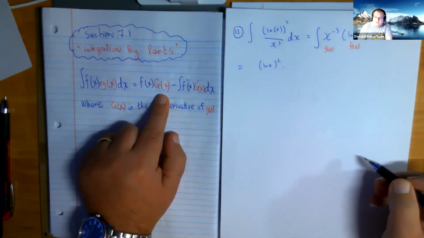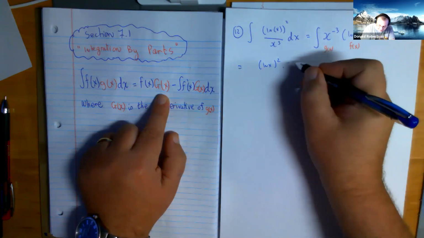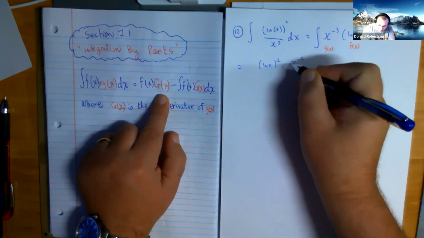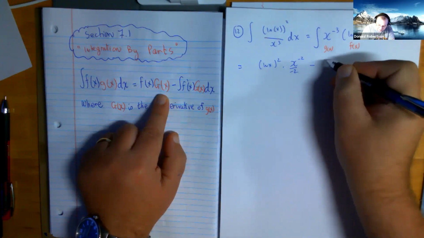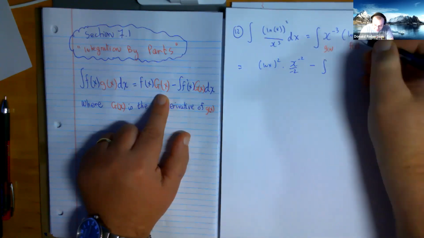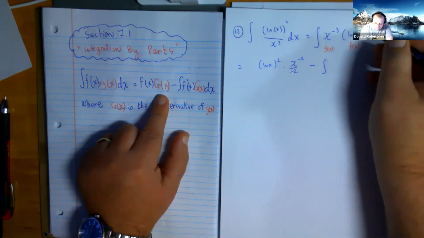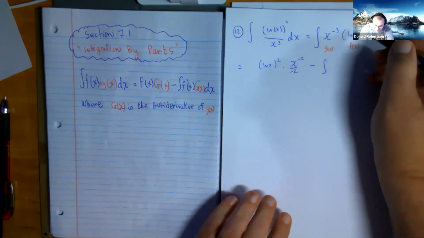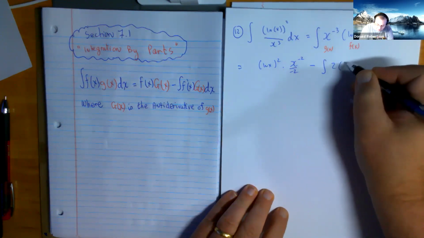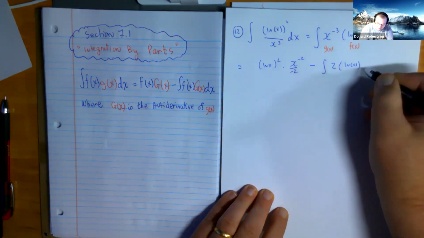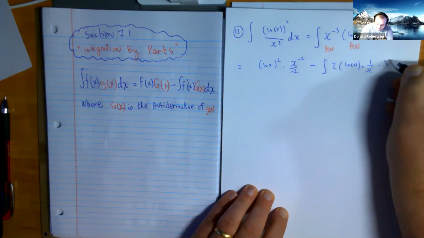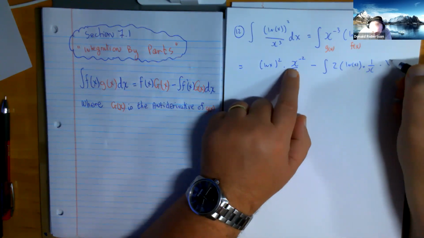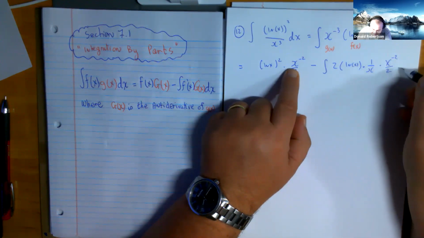Well, if you want to integrate x to the -3, you add 1 to the power and then you divide by the new power. Okay, subtract the integral. If you differentiate log x squared, you get 2 lots of log x times the derivative of log x, times capital G, which is this guy.